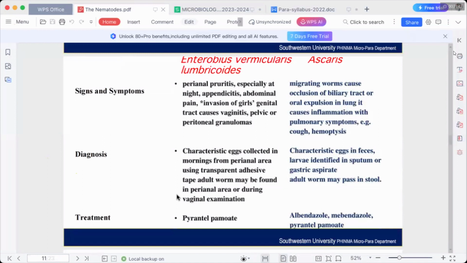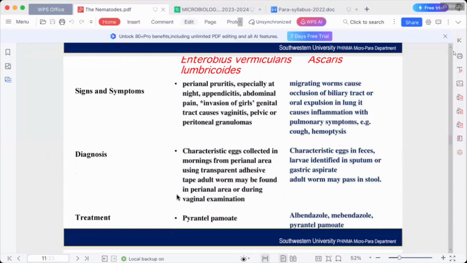Usually we describe the child with these signs and symptoms as irritable, in layman's terms, unable to settle down. The child cannot describe it, it's really painful. So the description of the abdominal pain is very vague.